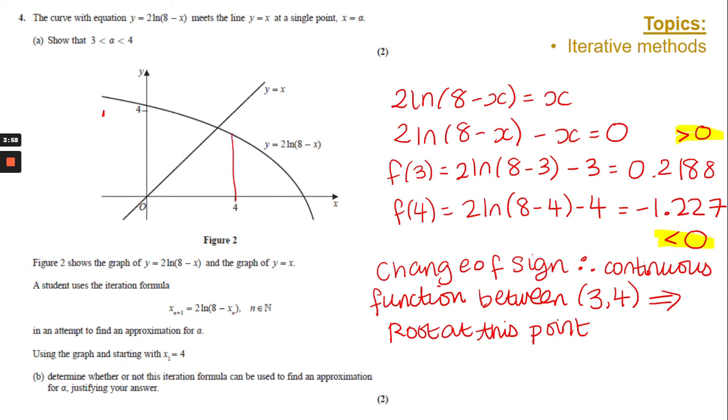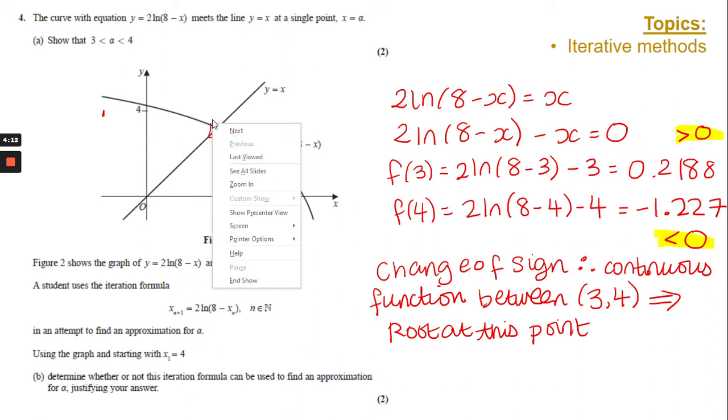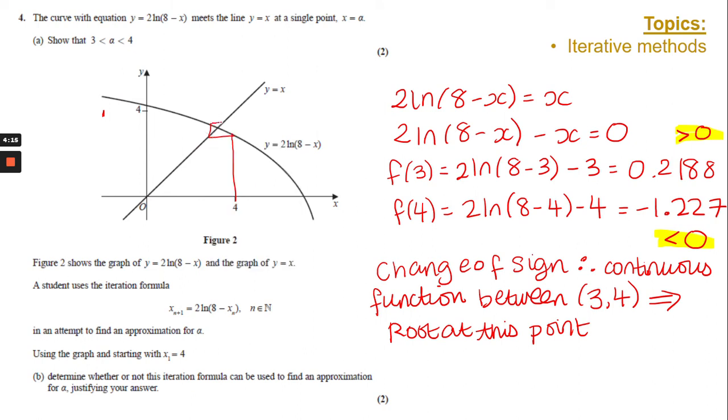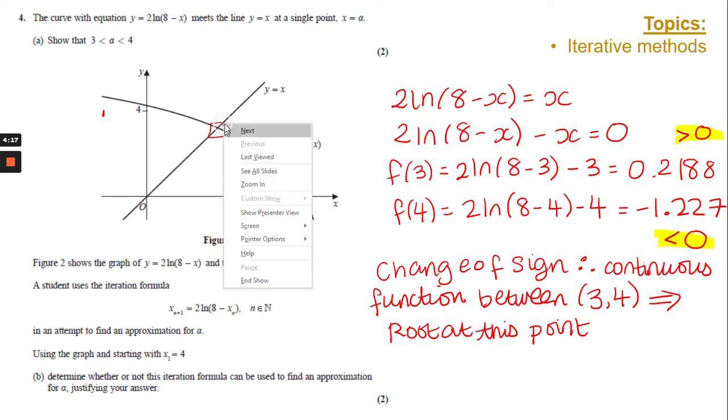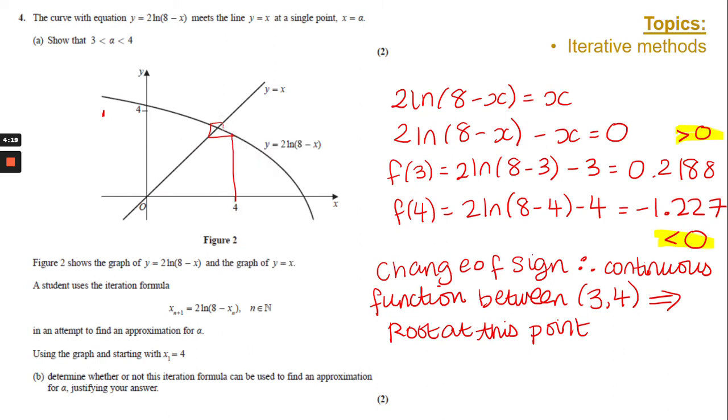Like that. Then I'm going to go across to my line, y equals x, then up to my curve, y is equal to 2 ln(8 minus x), then back over to my line, then back down to my curve, then back over to my line, and so on. Okay, so this is basically telling me that it converges.